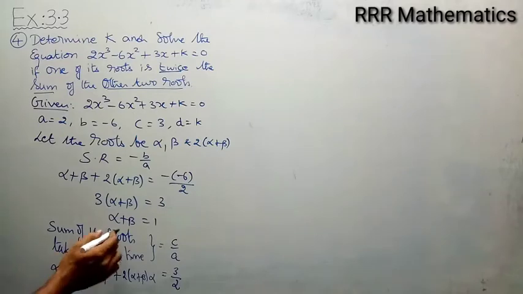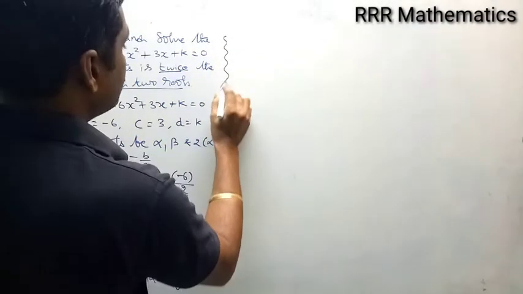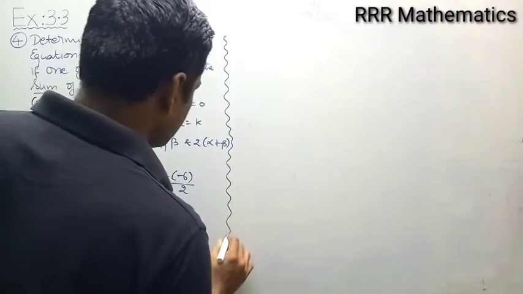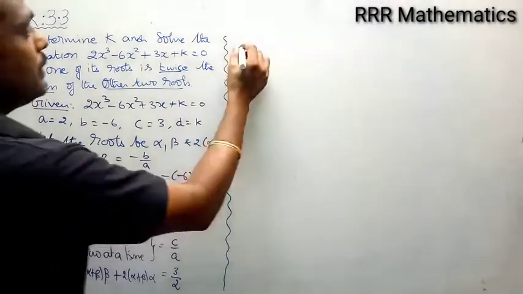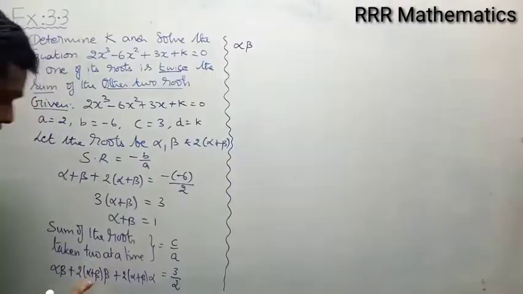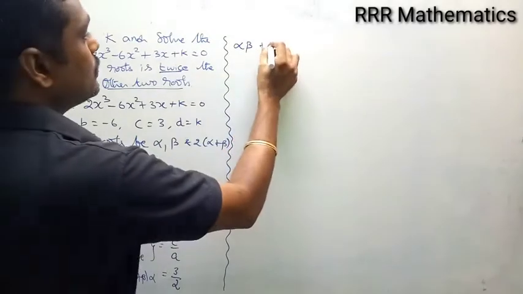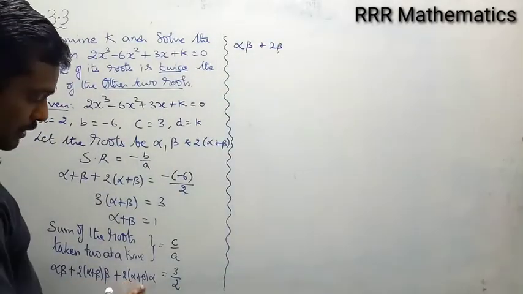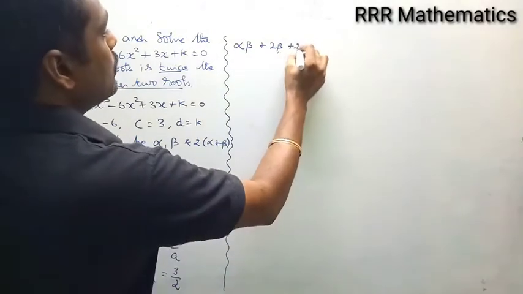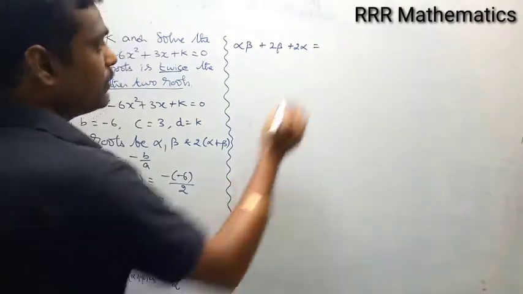Now alpha plus beta is 1. Substitute here. So this will be alpha beta, 1 into beta, that is 2 beta, 2 into 1 into alpha, 2 alpha, which is equal to 3 by 2.